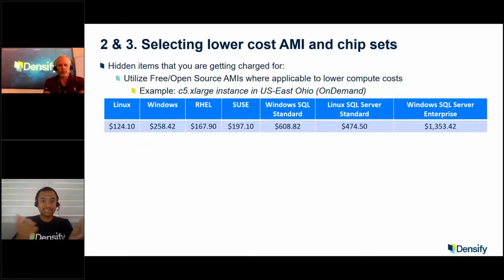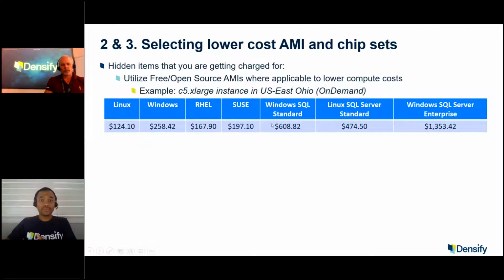For example, here's a C5 xlarge instance, again running on demand in US East. And you can see the price range when we just plug this into the AWS cost calculator. A Linux AMI for that C5 xlarge would cost $124 per month. In comparison, if you use Windows, that would be $258 per month.